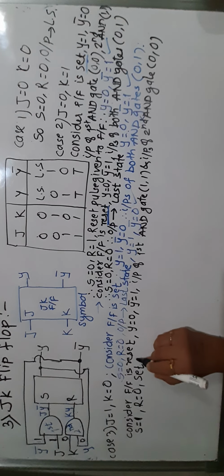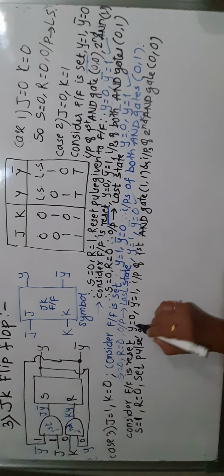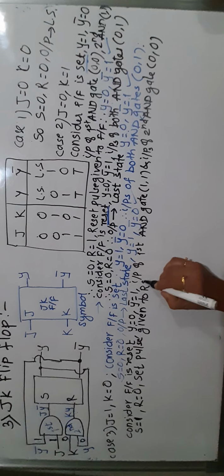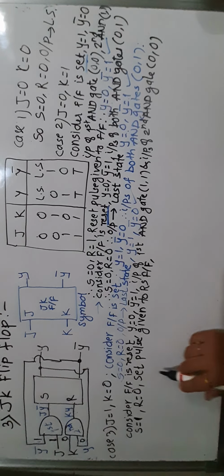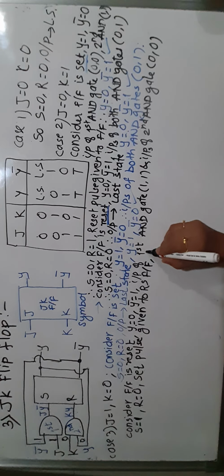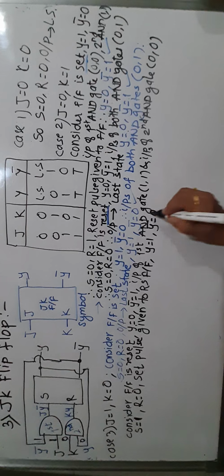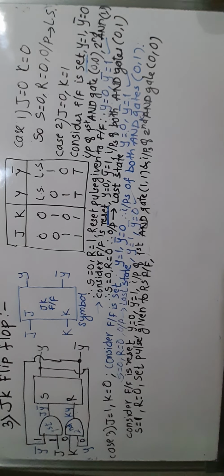Hence set pulse is given to RS flip-flop. Hence as set pulse is given, y becomes 1, y bar becomes 0. I can write in blue ink.